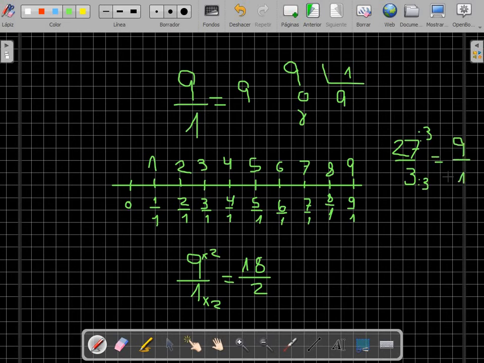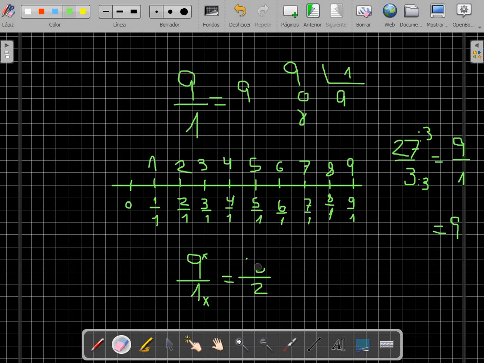This is something really interesting that fractions have. They can be simplified or expanded without changing the real number after all. I can multiply by 2 or every number that I wish, and I will get the same answer. For instance, I will multiply by, I don't know, maybe 8.